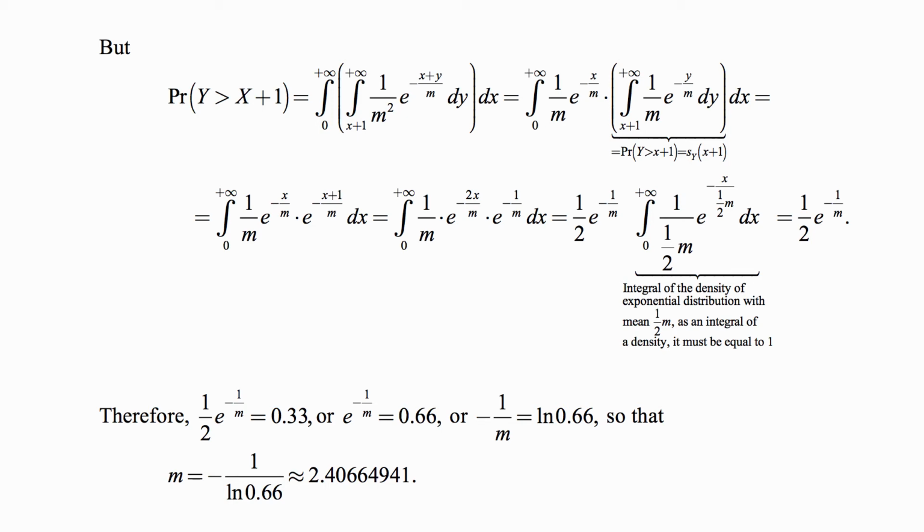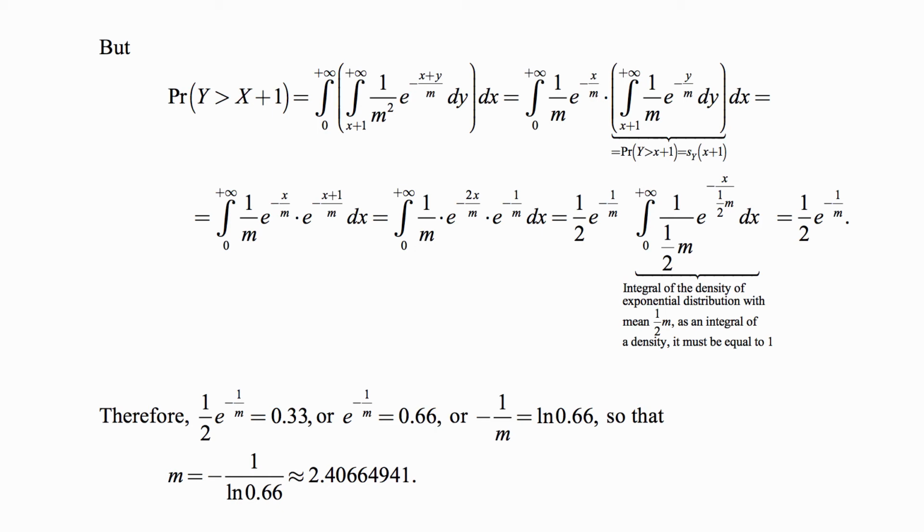So if we take the integral from 0 to plus infinity of 1 over one half m times e to the minus x over one half m dx, that is the integral of a density of exponential distribution with mean one half m, and the integral of a density has to be 1. But to have that one half m there, we also have to multiply the whole thing by one half to make sure that we didn't change the value. So this whole thing is equal to one half e to the minus 1 over m.